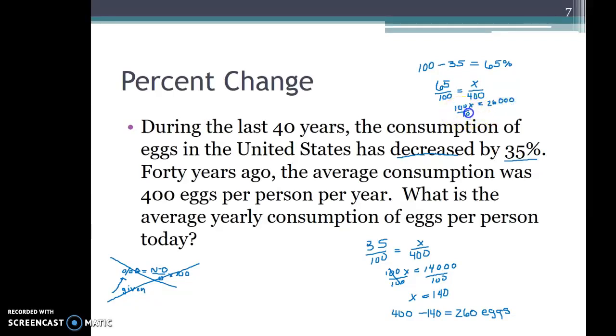Divide both sides by 100, and we get that x is 260 eggs, which is the exact same answer that we had gotten when we used the 35% and the subtraction at the end. Either way is completely fine, but since we knew the percent, we did not actually use the percent change formula.